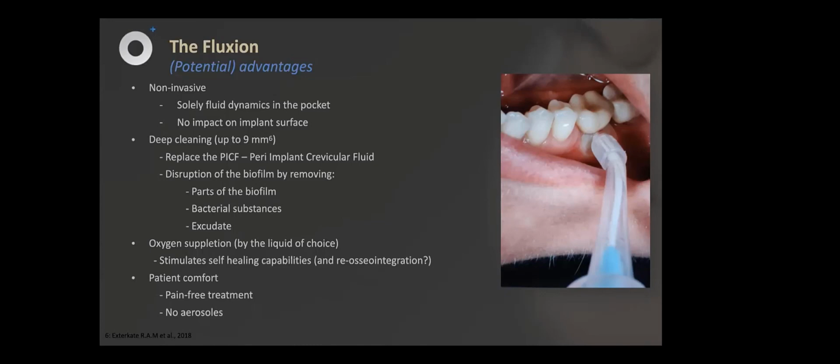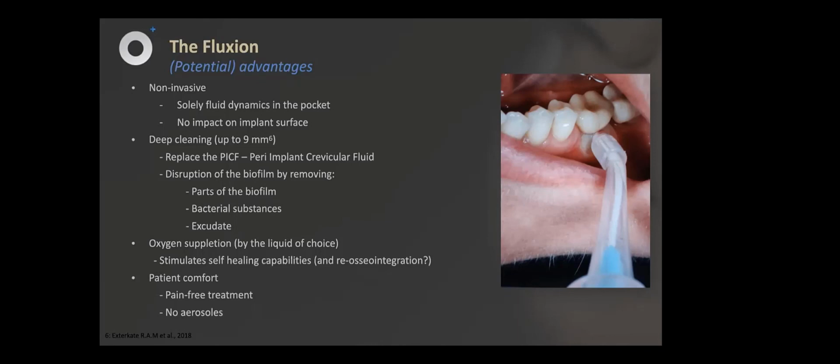With just a gel or topical application of chlorhexidine or just brushing, as in periodontics, we know that teeth brushing will not influence the bacteria beyond 4 millimeters of pocket depth. The fluxion has the potential to do a deep cleaning there.